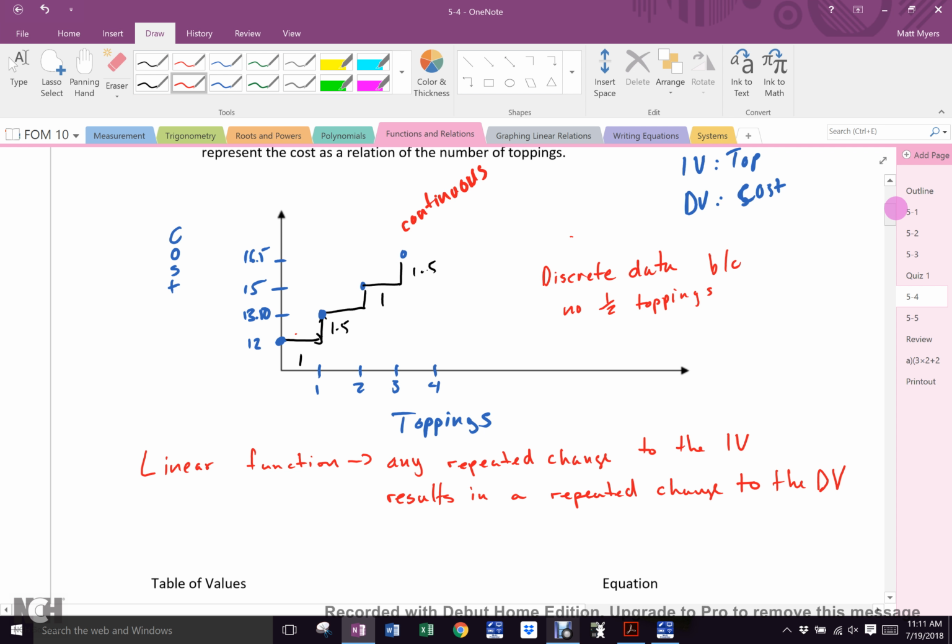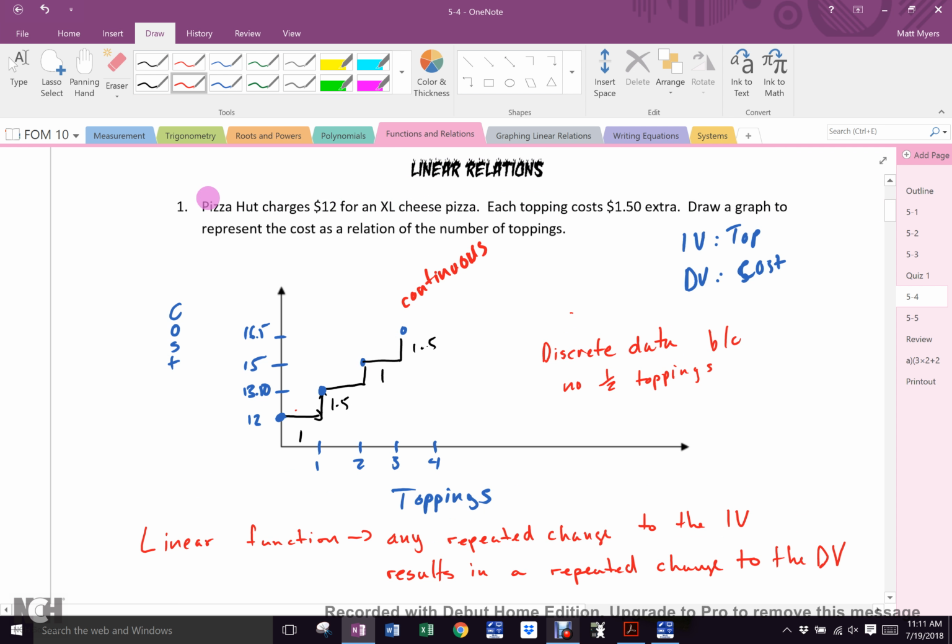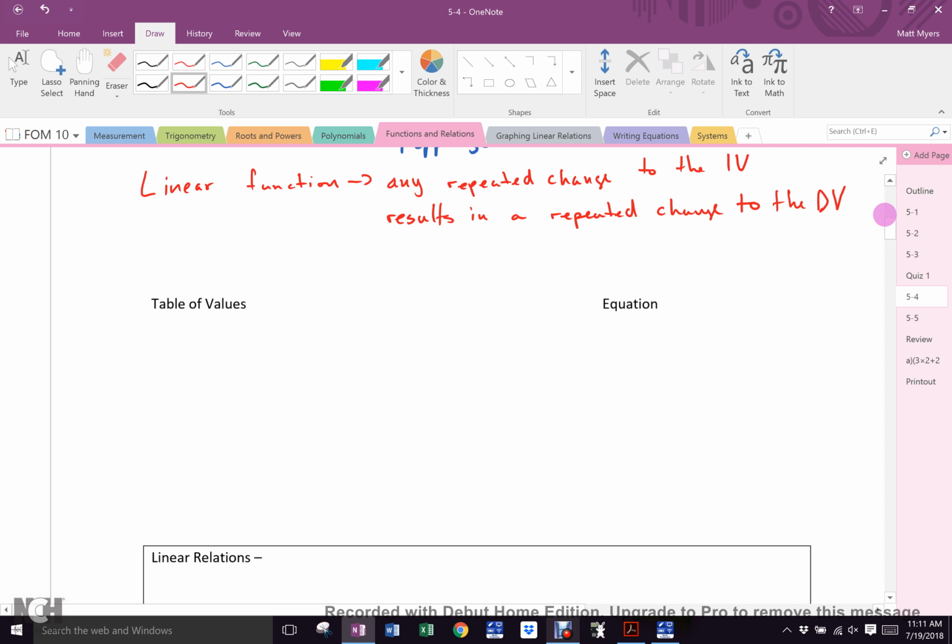Linear relations can be written in 4 ways. One of them is words. That's one way to write a linear relation. The second way to write a linear relation is as a table of values. Some of you have teachers that call the table of values a T-chart. Whatever you call it, I don't care.